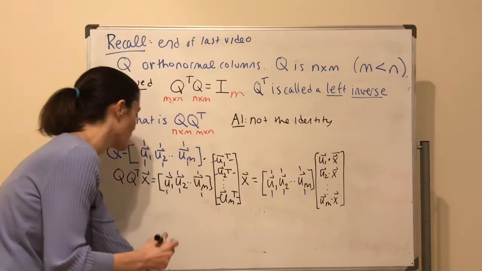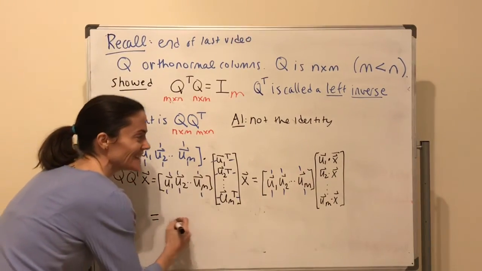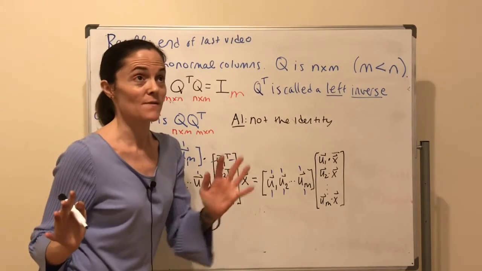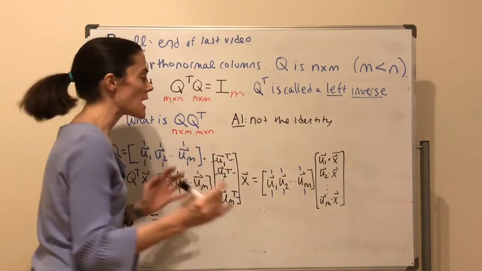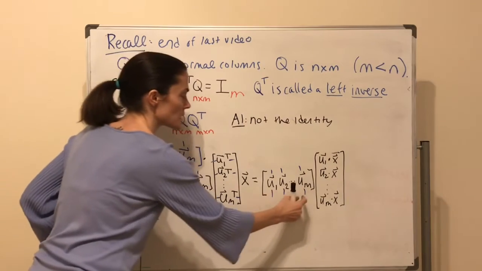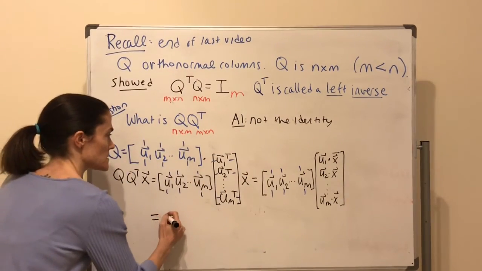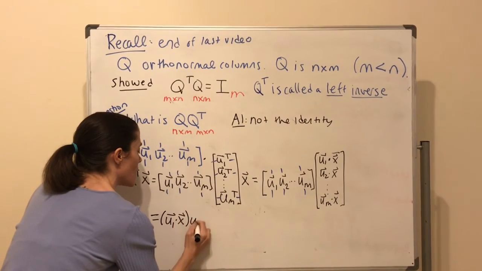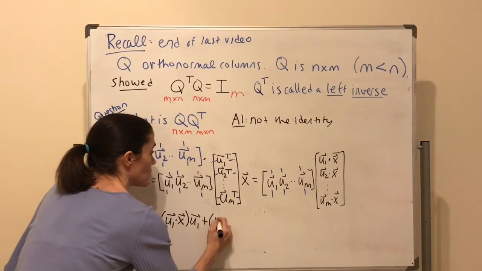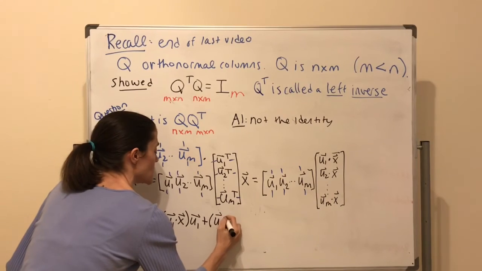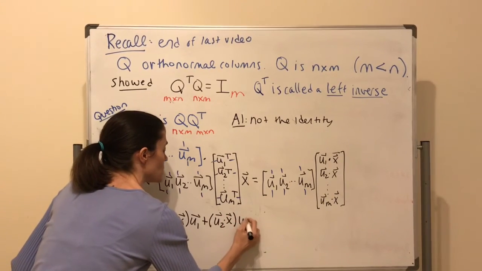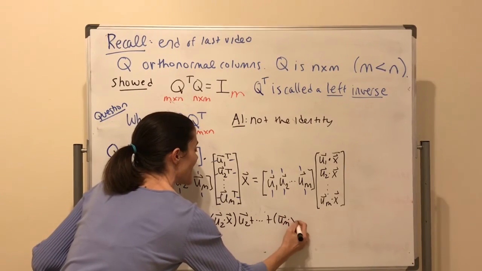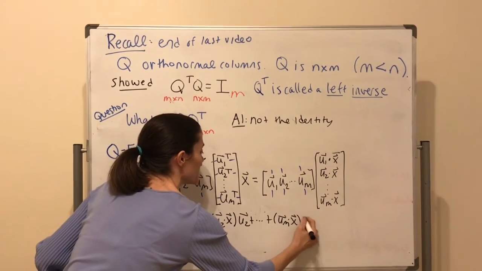and this is where we see how cool this is. I'll do it right here. Okay, well, this is when I'm going to think about the matrix times a vector as a linear combination of columns. Here are the columns of this matrix, so I can write this as U1 dot x, U1 plus U2 dot x, U2 plus UM dot x, UM.